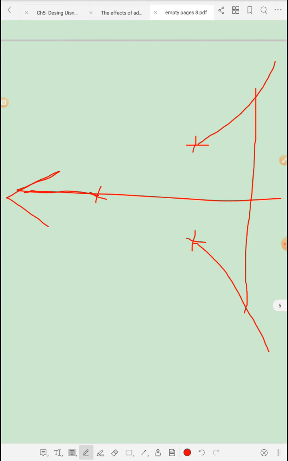There will be 3 branches, one with asymptote plus 60, one with minus 60, and the third one at minus 180 degrees. So these are the 3 branches of the root locus.